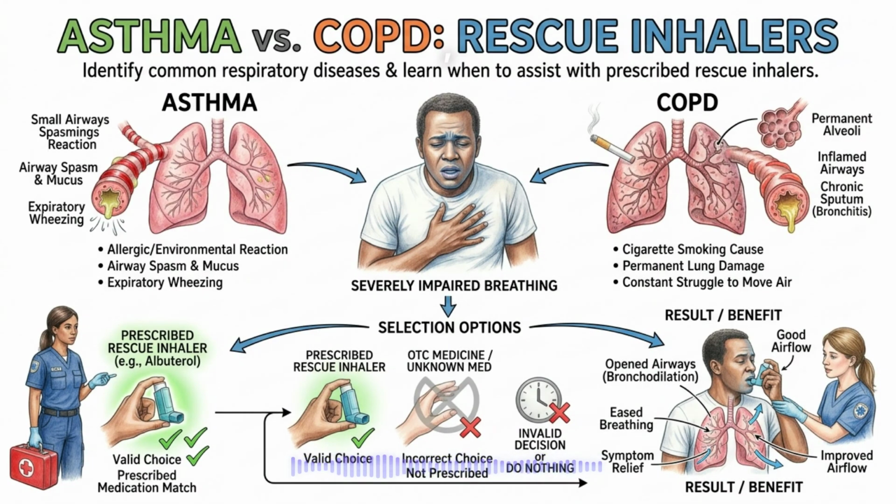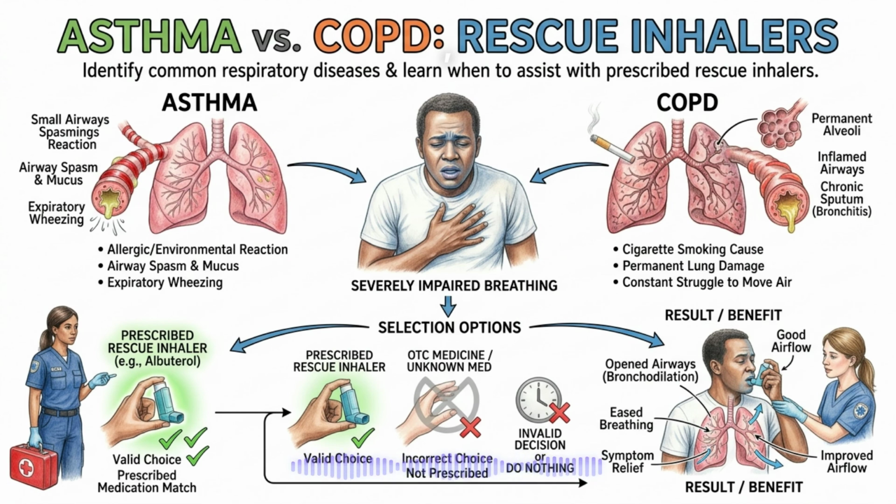You will also encounter chronic respiratory diseases, such as asthma and chronic obstructive pulmonary disease, which is known as COPD. Asthma is an allergic or environmental reaction that causes the small airways to spasm and fill with mucus, creating a high-pitched whistling sound called wheezing when the patient exhales.